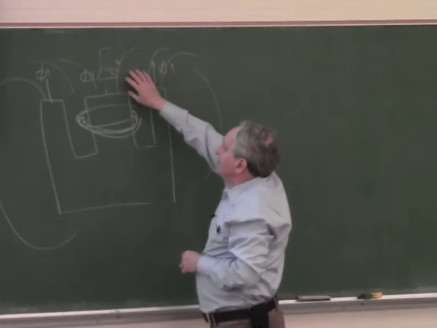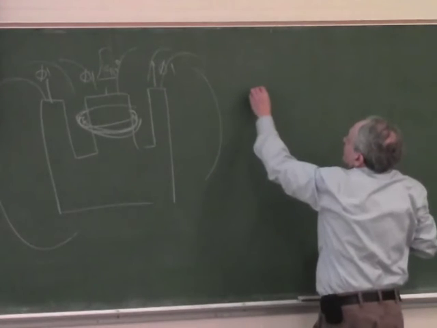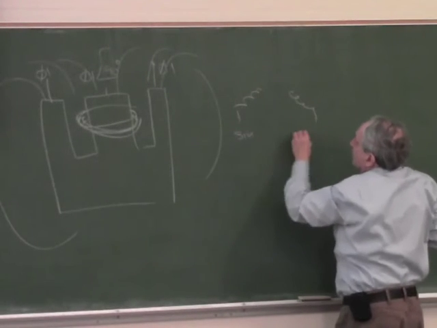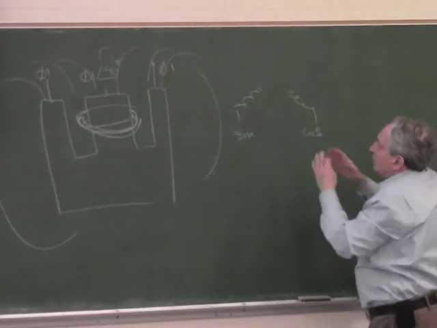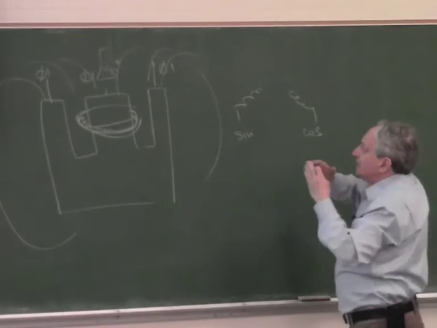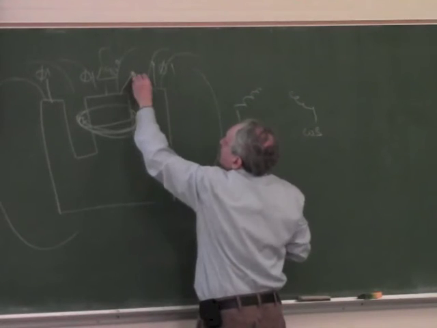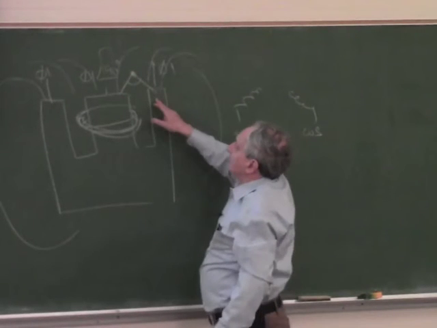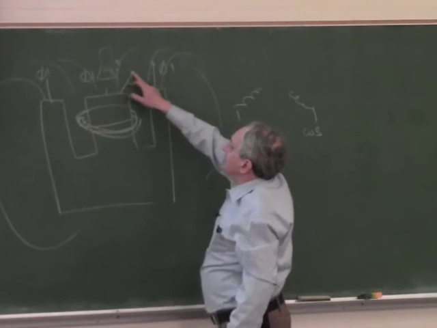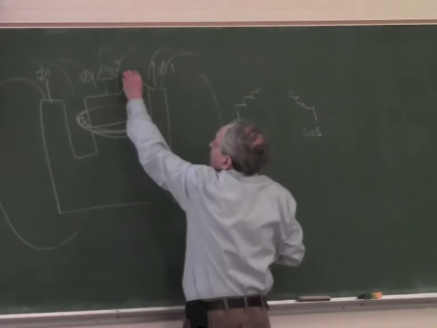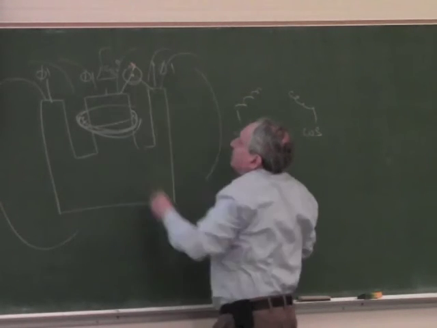Because this is the same as if you took two coils and drove one with sine and drove one with cosine. The two coils don't have to be physically at 90 degrees, but there is some point here which is 90 degrees from these two, and this point sees one field and a field at 90 degrees. So at least at one point here, there will be a perfectly rotating field.